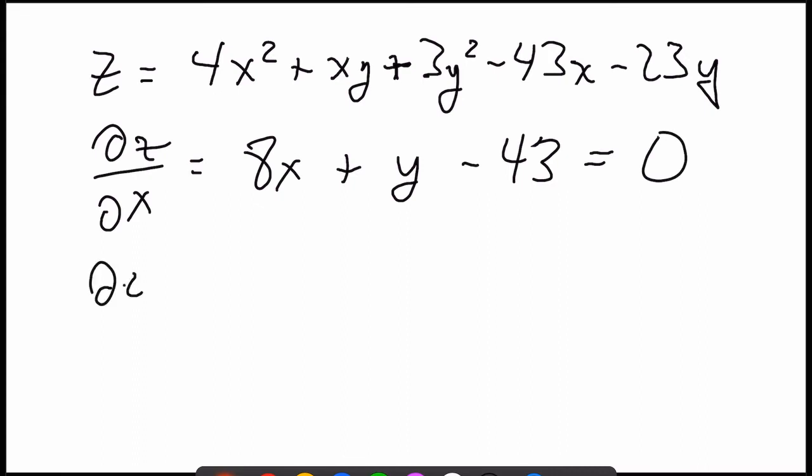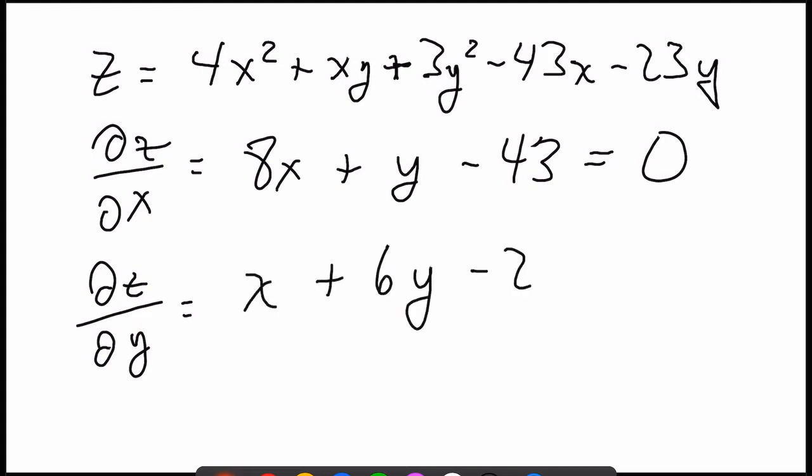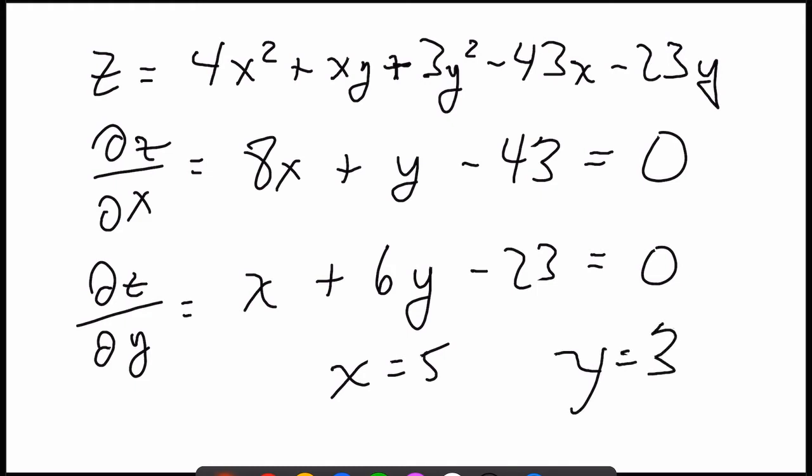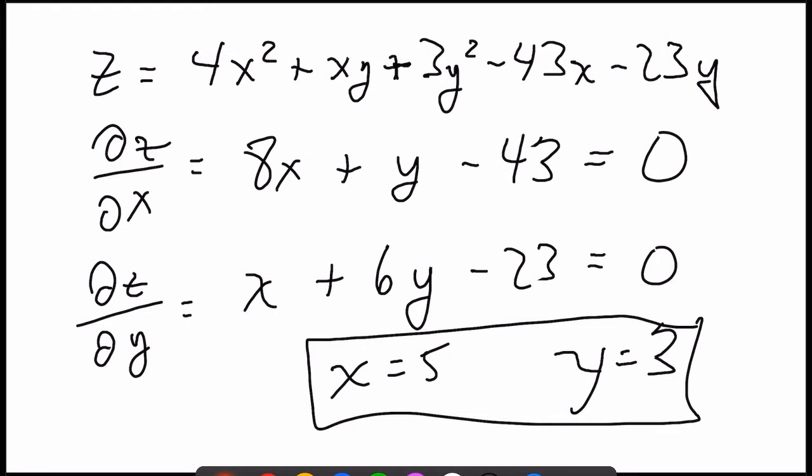And the partial of z with respect to y is going to be x plus 6y minus 23 equals 0. And if we solve that, I'm pretty sure we get x equals 5 and y equals 3 as our optimal point. Now we need to take this and turn it into a Hessian.